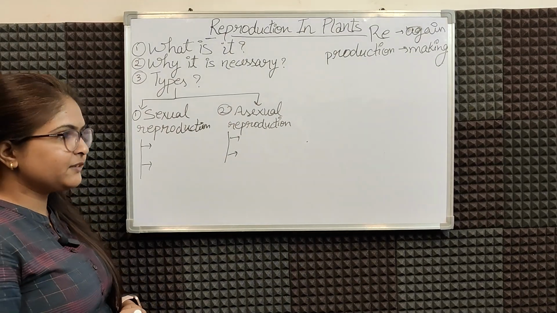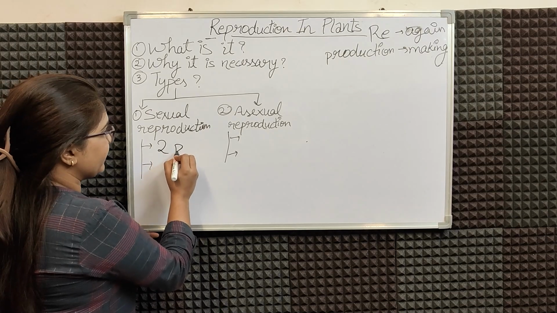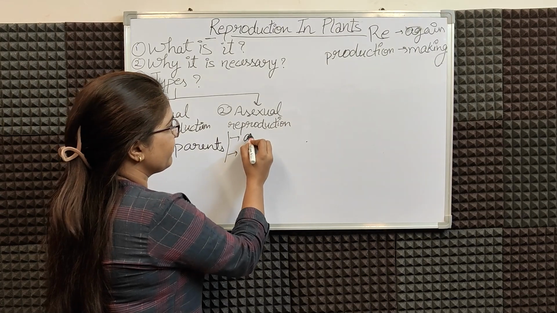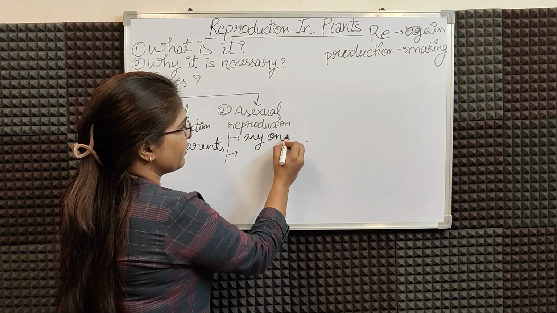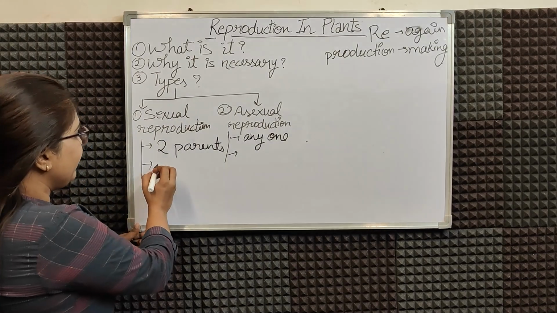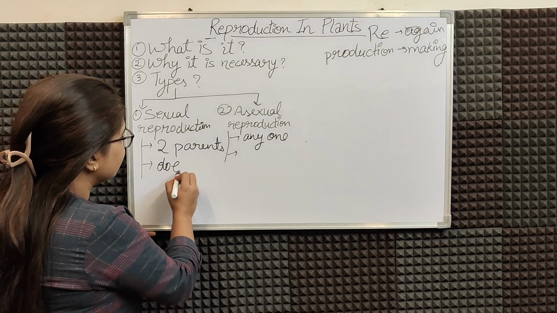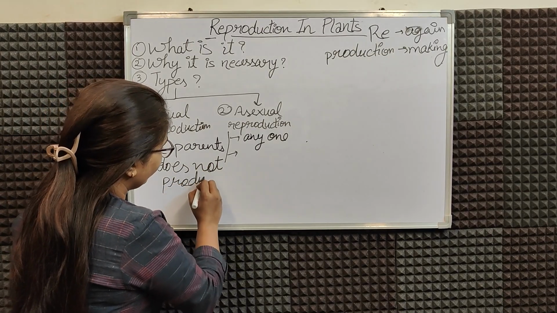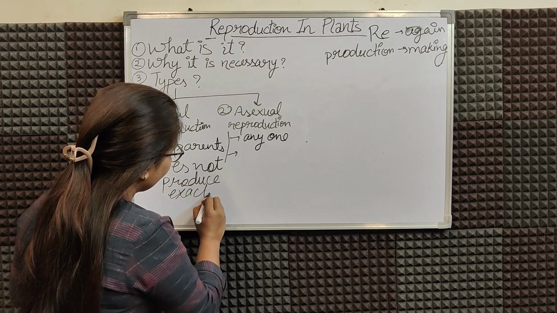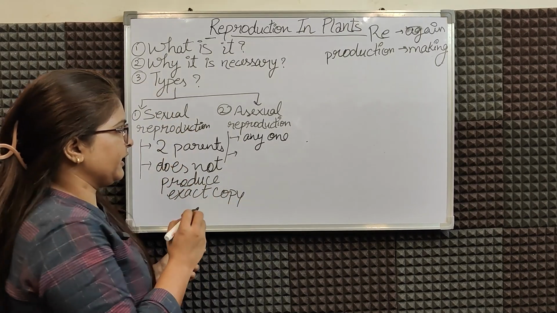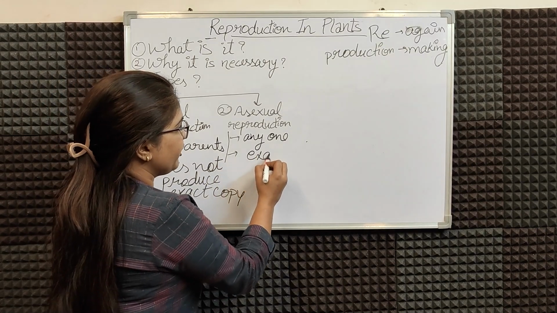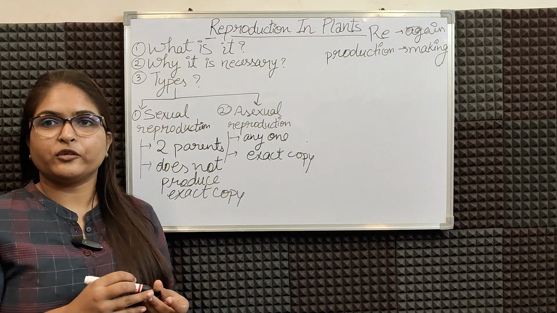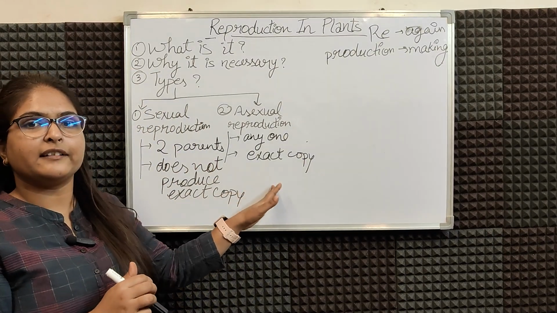First, sexual reproduction requires two parents, while asexual requires only one. Second, sexual reproduction does not produce an exact copy of the offspring, but asexual reproduction produces an exact copy of the offspring. So these are the main differences between sexual and asexual reproduction.